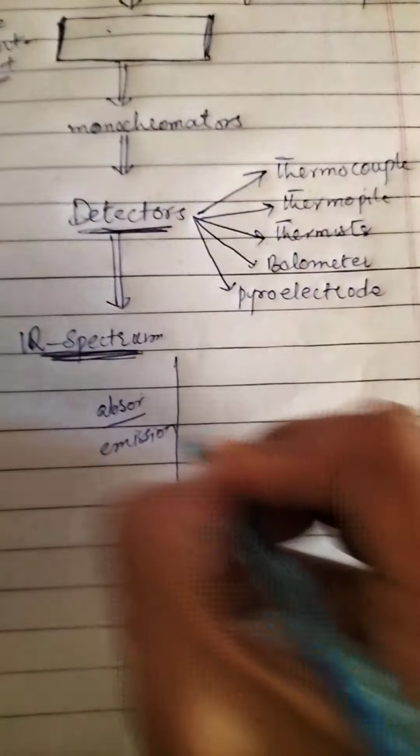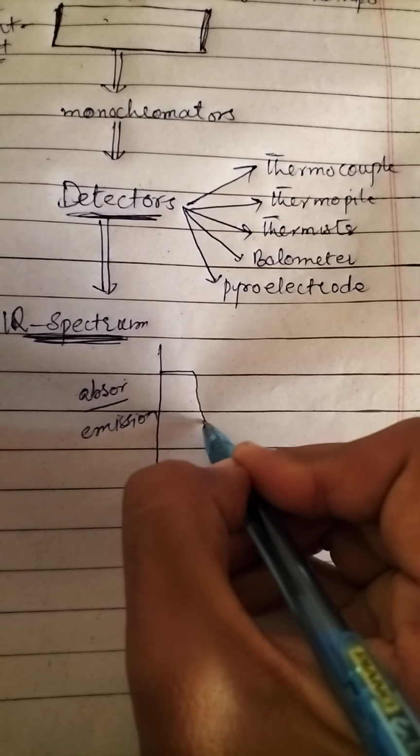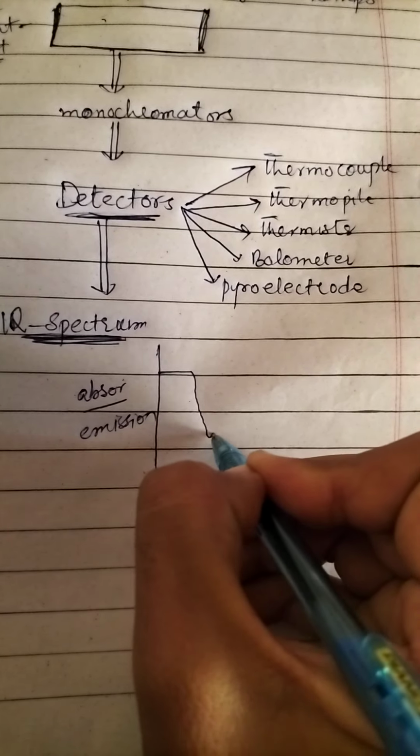In this spectrum, different peaks are formed at different wavelengths or different wave numbers, like this.